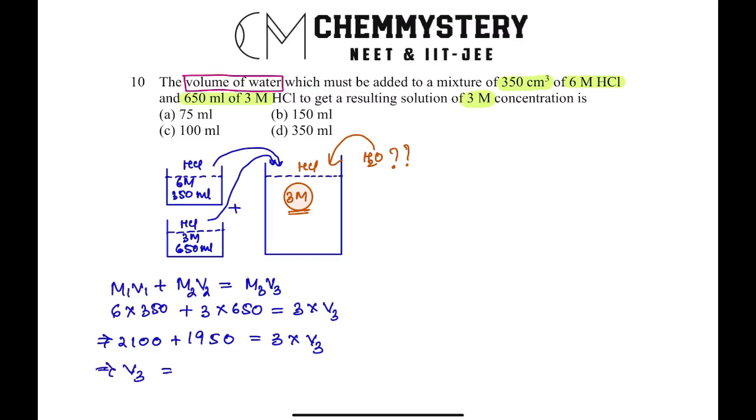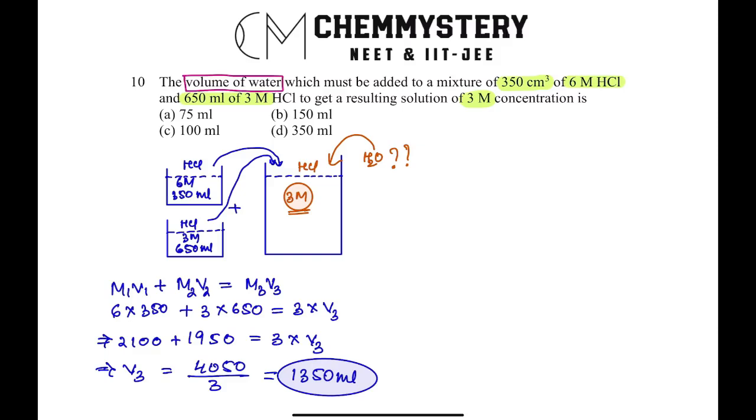V3 is equal to 4050 divided by 3. Finally, how much V3 am I going to get? 1350 ml. This is V3, the volume of the third solution whose strength is 3 molar.